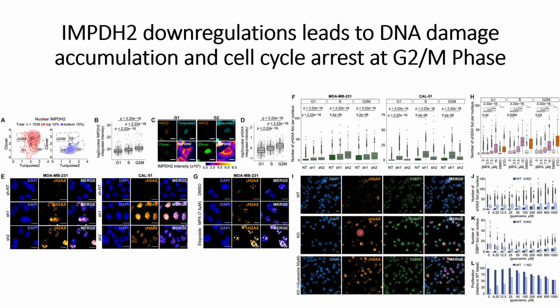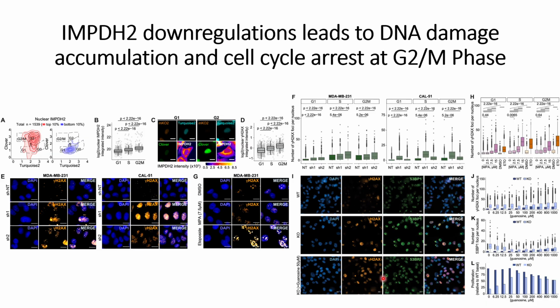And thereafter they also wanted to see whether if this IMPDH2 has been introduced in the knockout cells, whether it will reduce the DNA damage or not. So they introduced guanosine at 50 micromolar that can basically play a role as an alternative to IMPDH2, and they wanted to see whether it will cause some suppression in the DNA damage or not.